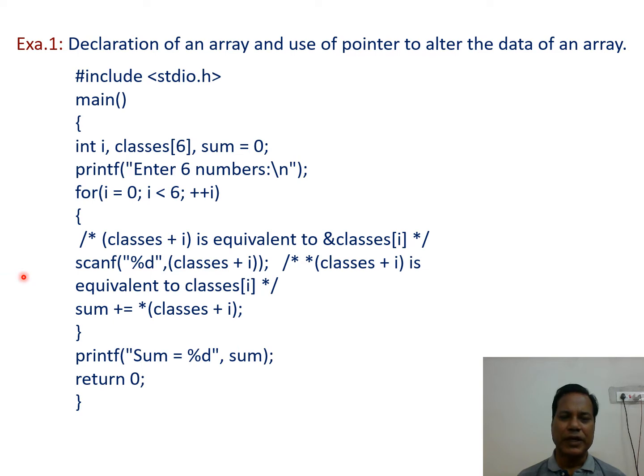Now let us see an example program. In this example program, we declare an array and use a pointer to alter the data of the array. So the array name is pointing to the first address of the array element.